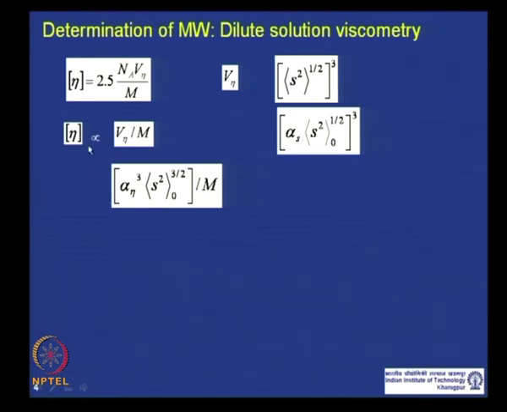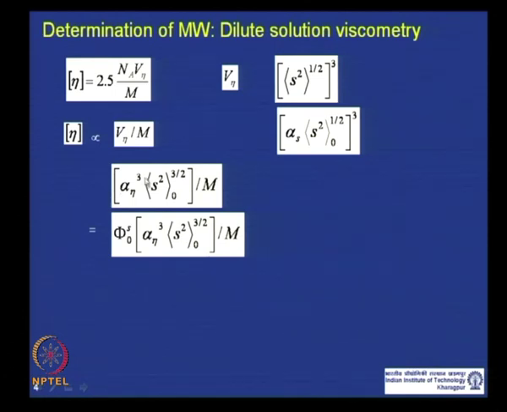So, we can write that intrinsic viscosity is proportional to VH, which is proportional to this term divided by M. Now, we can remove this proportionality by introducing a constant. This is a constant. So, we can write intrinsic viscosity is equal to this term.